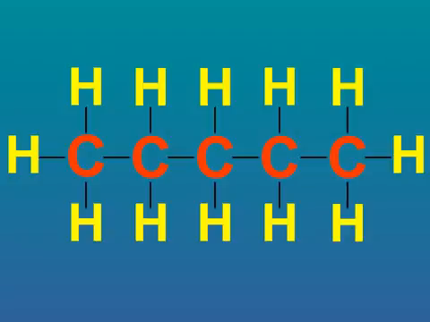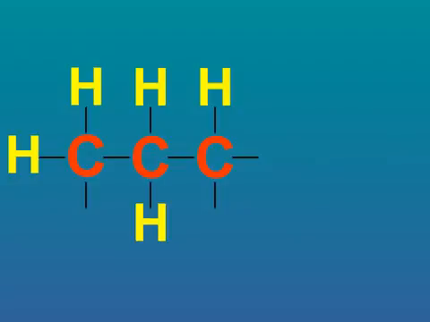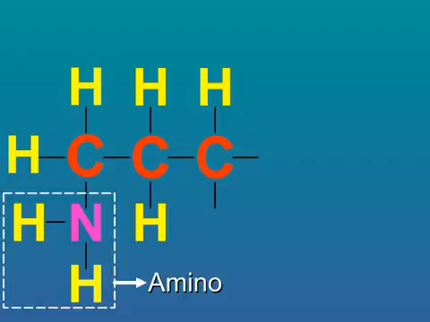So let's redecorate this boring hydrocarbon and add some exciting functional groups. Let's first add a nitrogen with 2 hydrogens. Which functional group is this? Yes, the amino group. And what kind of property does it have in a neutral pH? Yes, it acts as a base, taking up hydrogen ions.